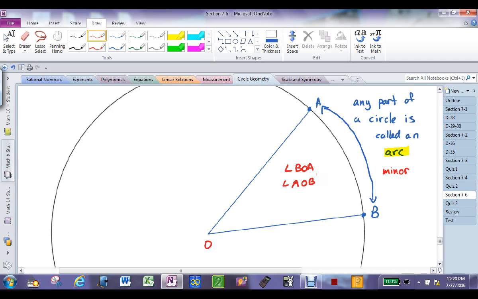Now, this is called a central angle. Why? Because it's from the middle, the O. Now there's a math word here. It is called a central angle.